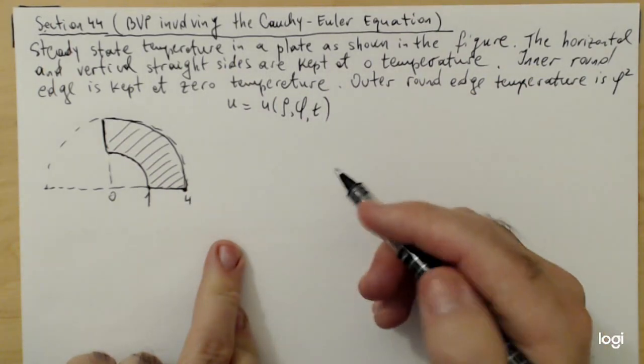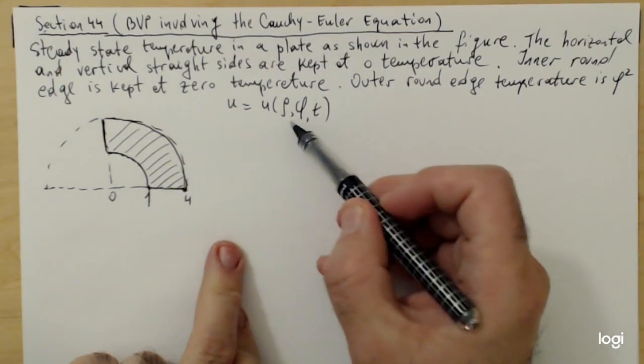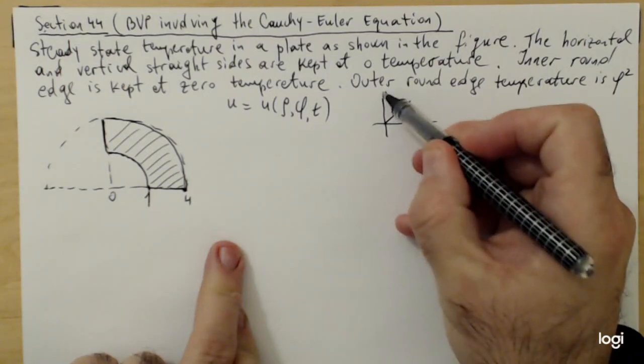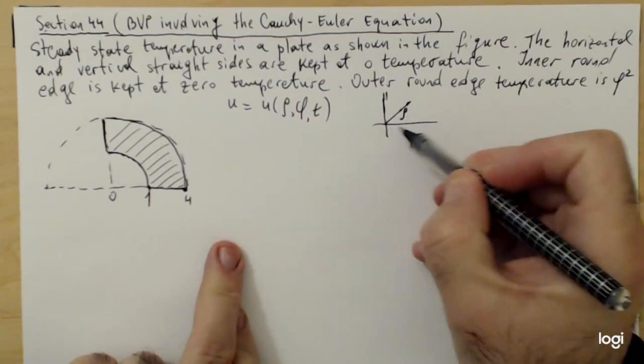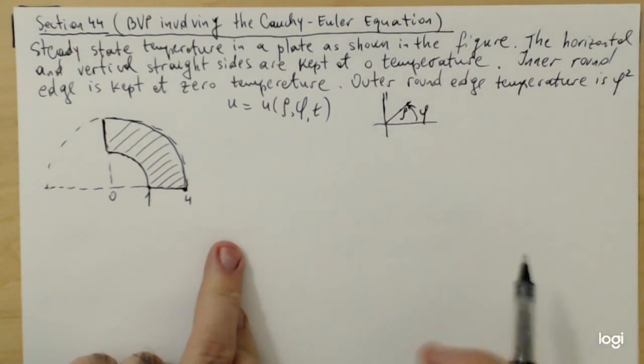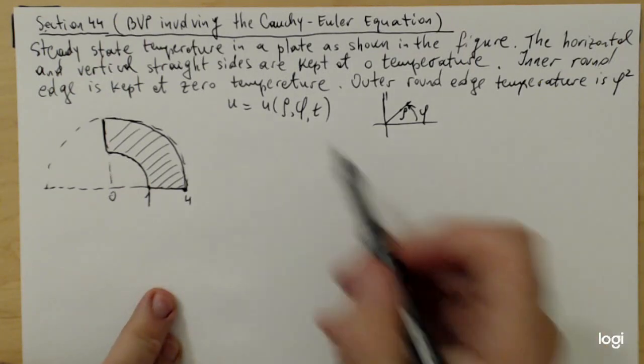I mean, again, there's no z coordinate. t is the time as usual. To use the notation in the book, rho is the radius. Okay, so for a typical point, the distance between the origin and the point is rho, and then the angle in the counterclockwise orientation is phi. And then the time t.